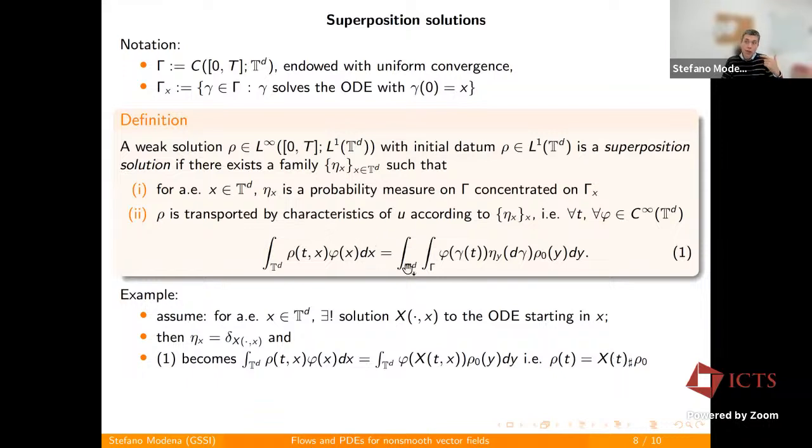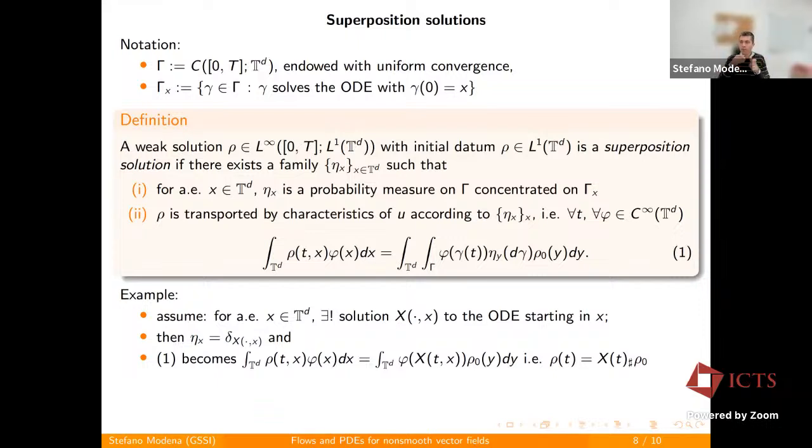And now, in the general case where we don't know whether we have a unique characteristic for almost every point, this is saying that you have some initial density, and this density moves along the characteristics, but in principle it does not move in a unique way. Density located at the point y moves a little bit along some characteristics starting from y, and then a little bit along some other characteristics, and so on.